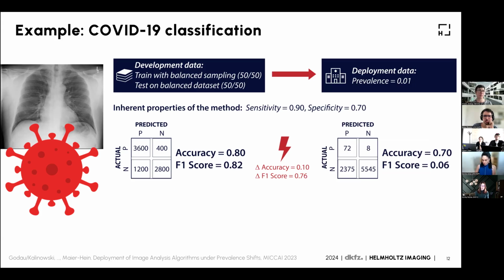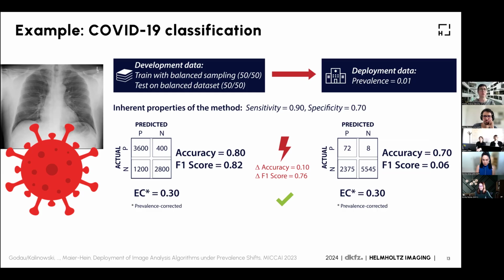And the problem here is that we have a difference in prevalence. Both metrics, accuracy and F1 score, are affected, and actually the calculation is based on the prevalence. So changing the prevalence will affect the metric scores, which means we cannot use them to compare algorithms across data sets with different prevalences. And this is something that I, for example, didn't know beforehand.